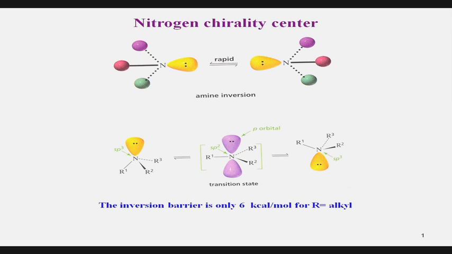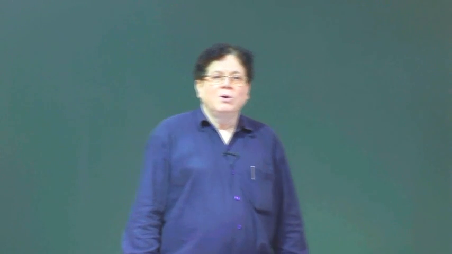It is roughly 6 kilocalorie per mole when R is a small alkyl group, say methyl. Now, the question is why the inversion barrier in nitrogen is so low, which is actually inhibiting us from separating the two enantiomers of nitrogen.